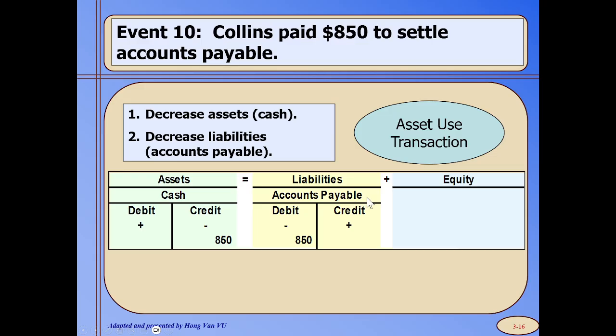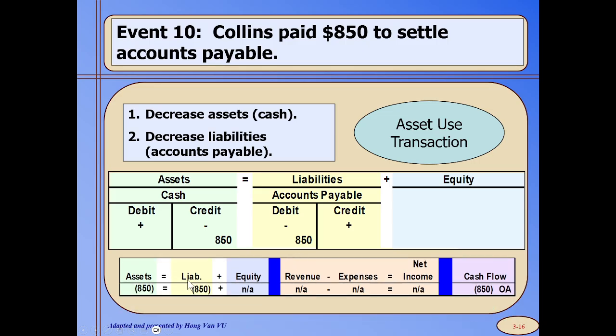It means that we now reduce our liability with the vendor. It means that we reduce the liability, so we have a debit side of 850. So the total amount of the credit should be equal to the amount of the debit.